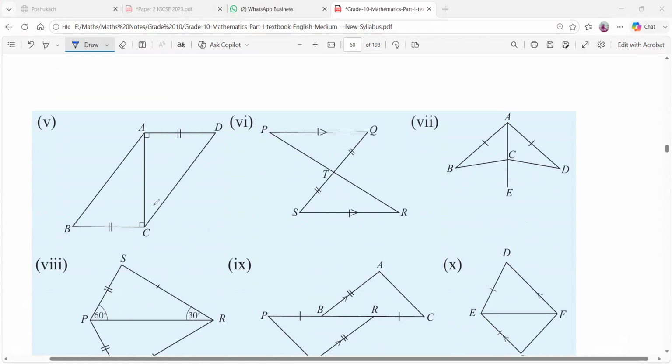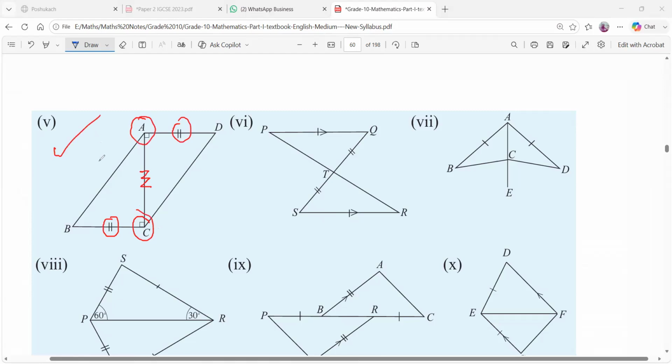If you consider triangle ABC and triangle ACD, this line and this line are equal. Both triangles have a common line, AC, equal to AC. Between them they have angle C here and angle A here.